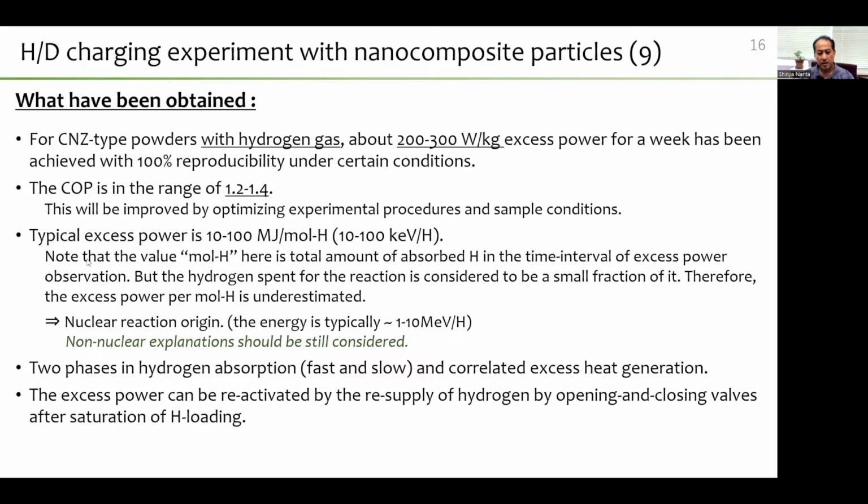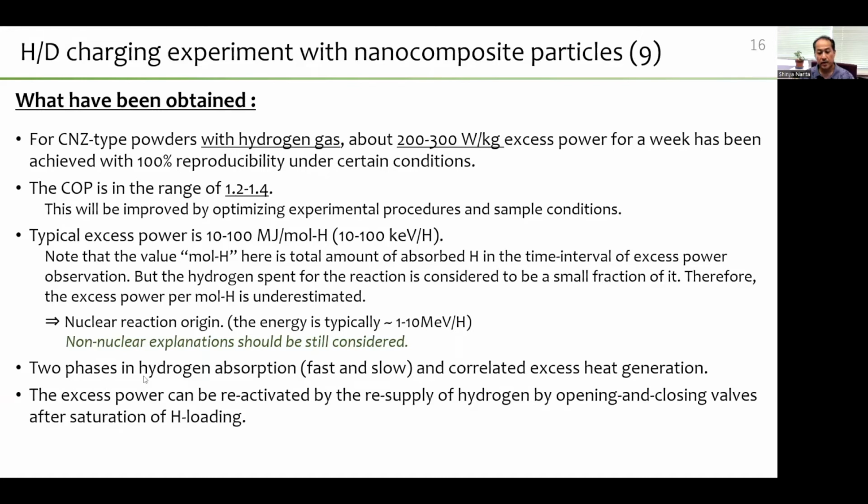And typical excess energy is 10 to 100 megajoules per mole of hydrogen, corresponding to 10 to 100 keV per hydrogen atom. So this suggests the nuclear reaction region, but of course we should still consider non-nuclear explanations.